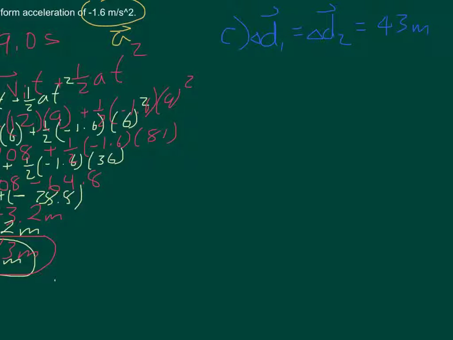Well, in order to do that, we need to go back to the question. It says it's coasting up a hill. So here's our hill. Let's say this is our 0 location, and here is our 43 meters. What I can visualize happening here, let's make the car green, going up here.